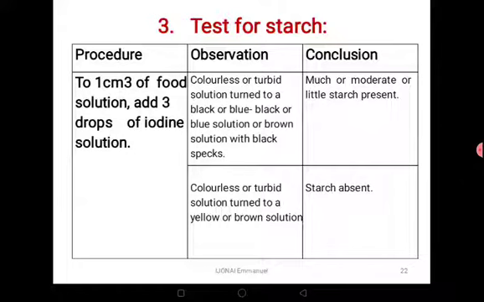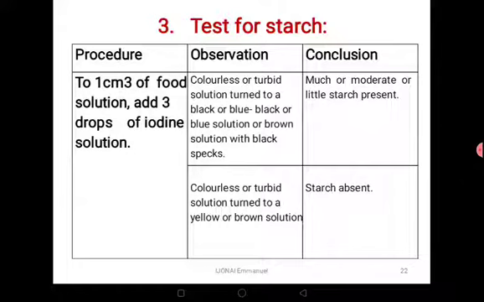So the procedure is: to 1 centimeter cubed of food solution, add 3 drops of iodine solution. So just get a food solution, a suspected starch solution. Add 3 drops of iodine. 1, 2, 3. What would happen? That solution can be colorless, turbid, or cloudy.